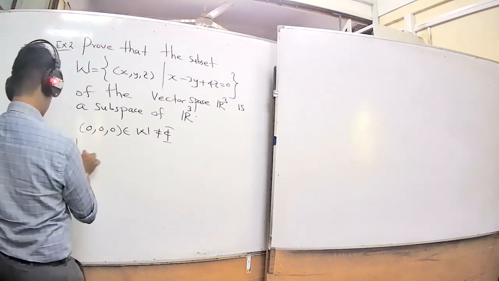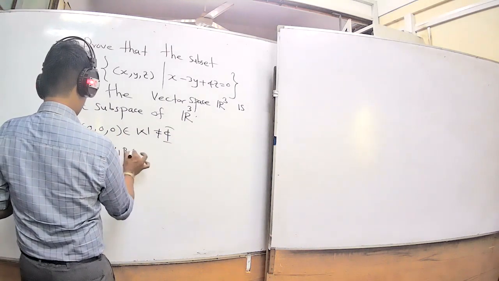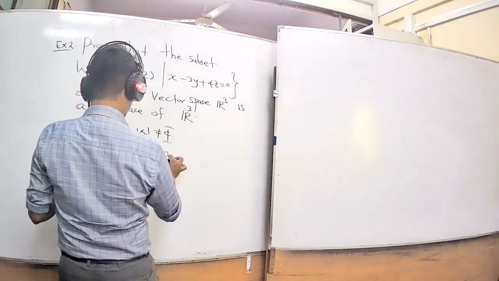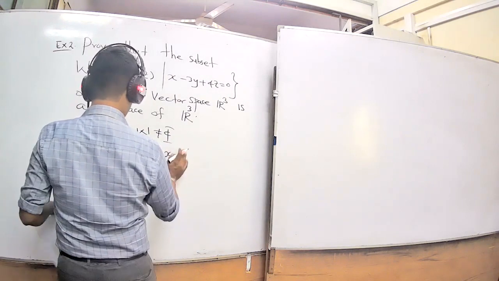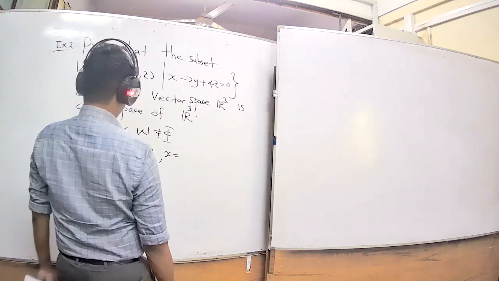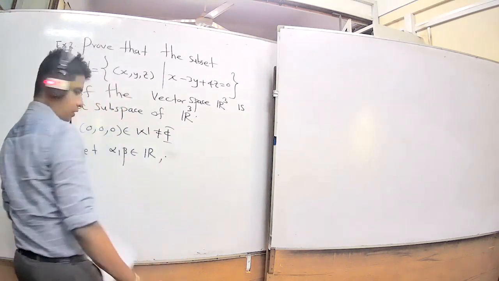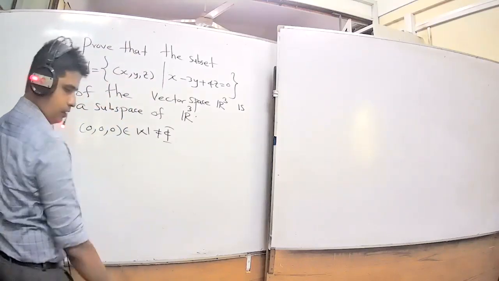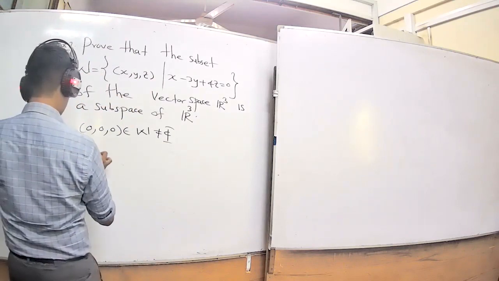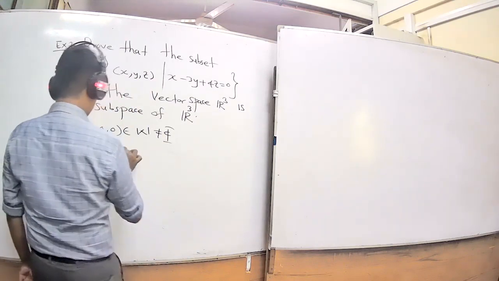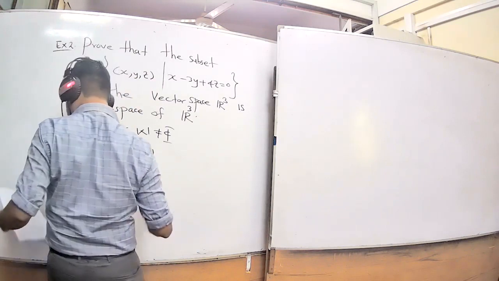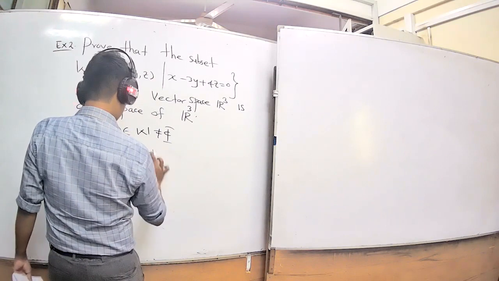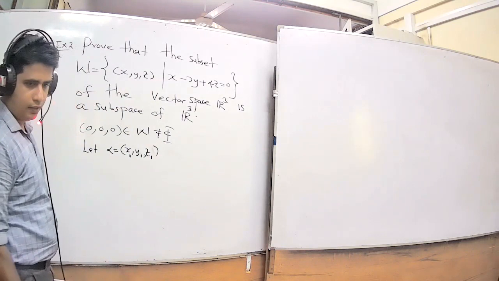So let alpha, beta belong to the real numbers. Otherwise, you will write like this. Let alpha equal x1, y1, z1.